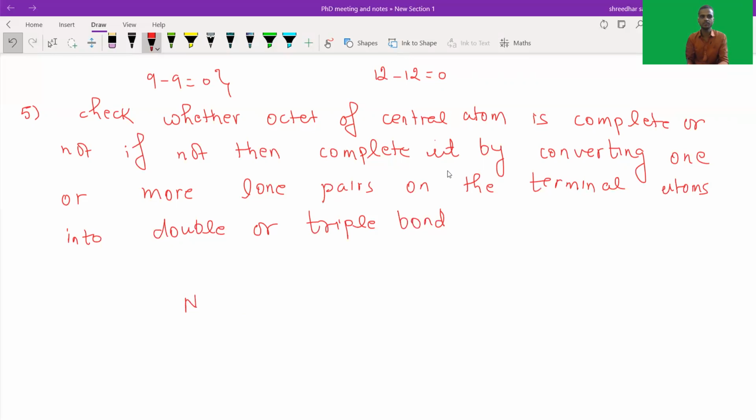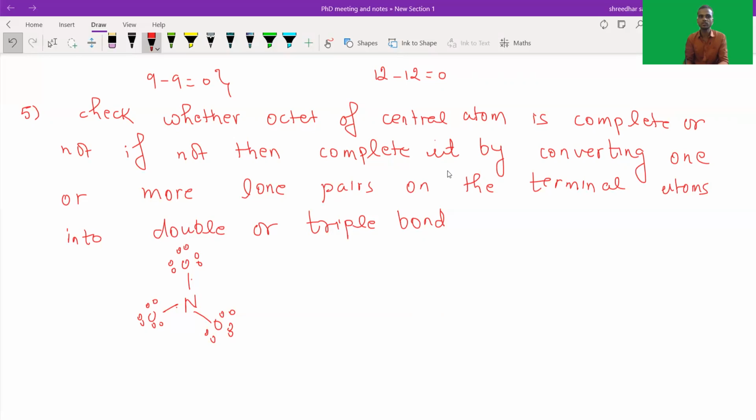So here we can see N, O, O, O. So this is NO3 minus. Now we can see nitrogen is having only 6 electrons, 2, 4, 6. It requires 2 more electrons for its octet to get completed.